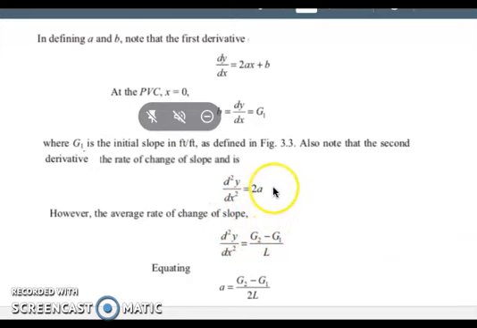Solving for a, we get a equal to g sub 2 minus g sub 1 all over 2L. So we now have the values for our coefficients a and b for our parabolic equation of the vertical curve.